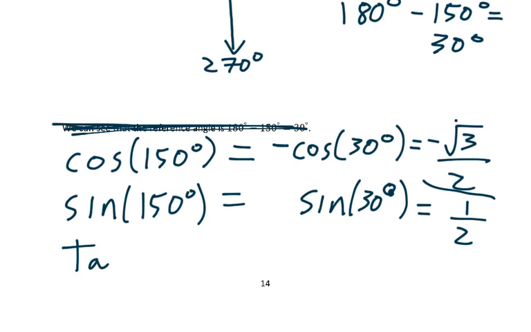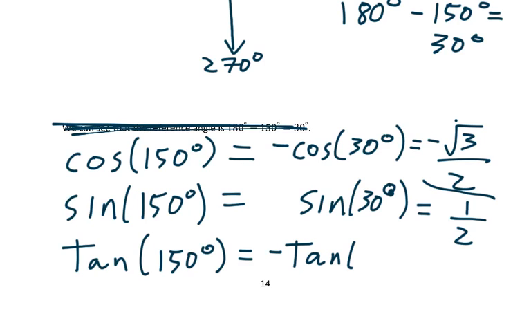Finally, tangent of 150 degrees: we put a negative in front because our answer has to be negative. We have negative tangent of 30 degrees. That's sine over cosine, so that's 1 over radical 3, which of course, if you rationalize, is the same thing as radical 3 over 3.